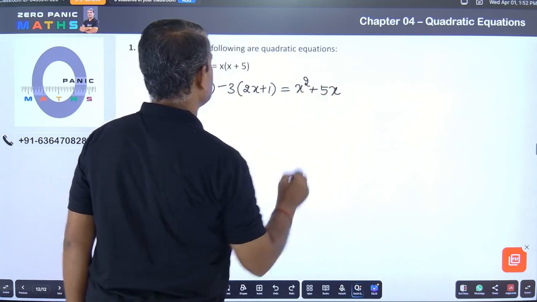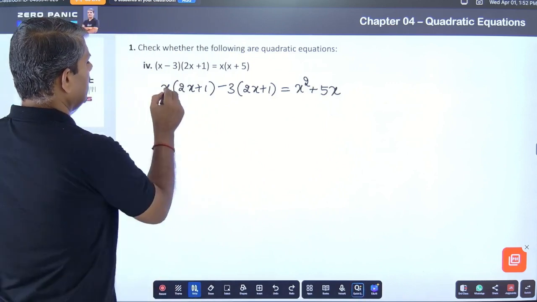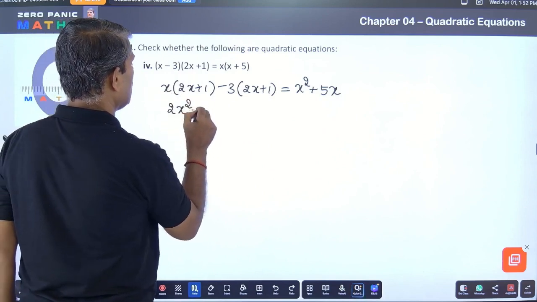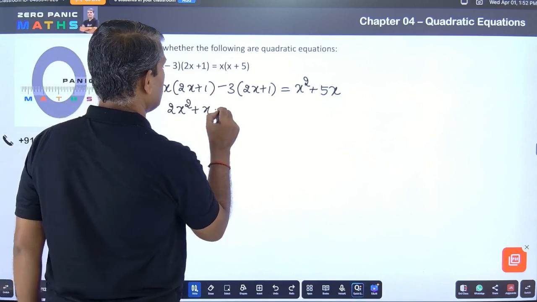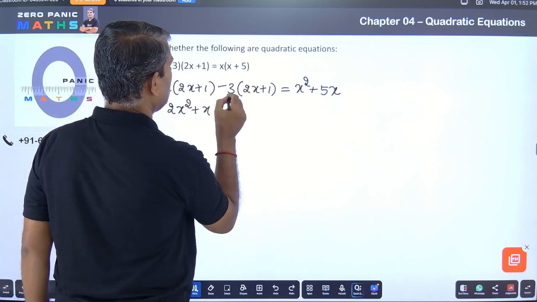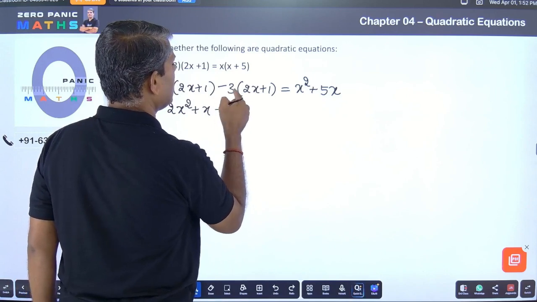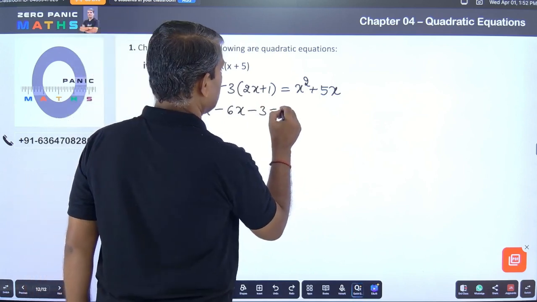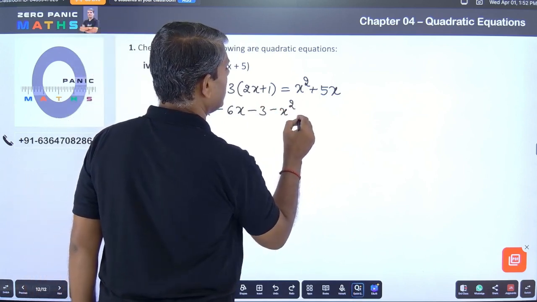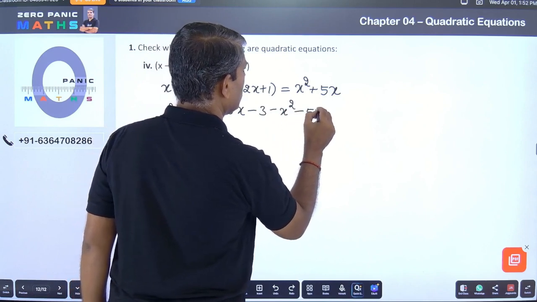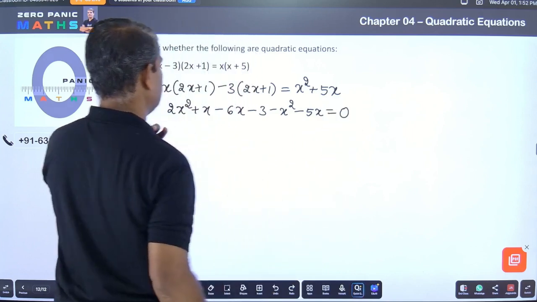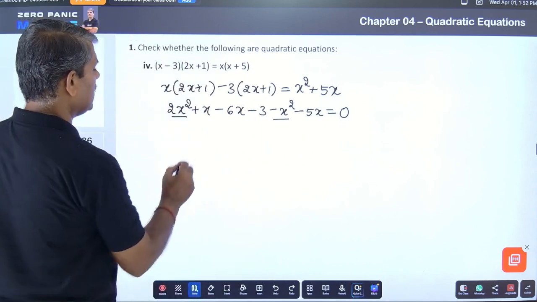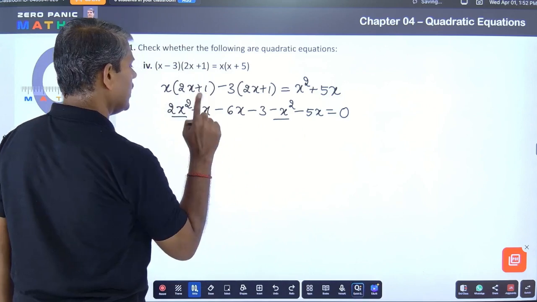Let us keep that. x into 2x is 2x square. x into 1 is 1x, minus 3 into 2x is 6x, minus 3 into plus 1, that is minus 3. Take x square to the left side, minus x square, and minus 5x is equal to 0. 2x square minus x square will give me 1x square.